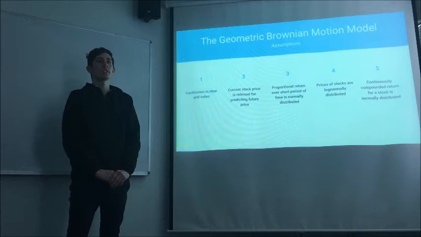The third assumption is that stocks will have a proportional return over a short period of time, which is normally distributed. The prices of stocks are log-normally distributed. This log-normal distribution is asymmetrical. It has a minimum value of 0 and a maximum value of infinity, reflecting the nature of stock price, which cannot be negative.